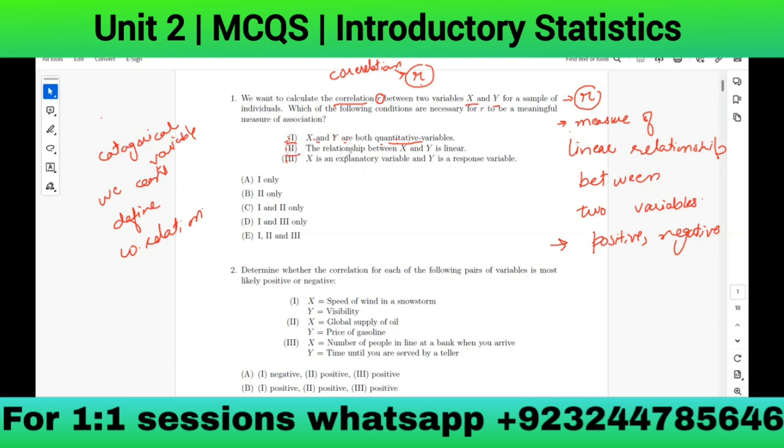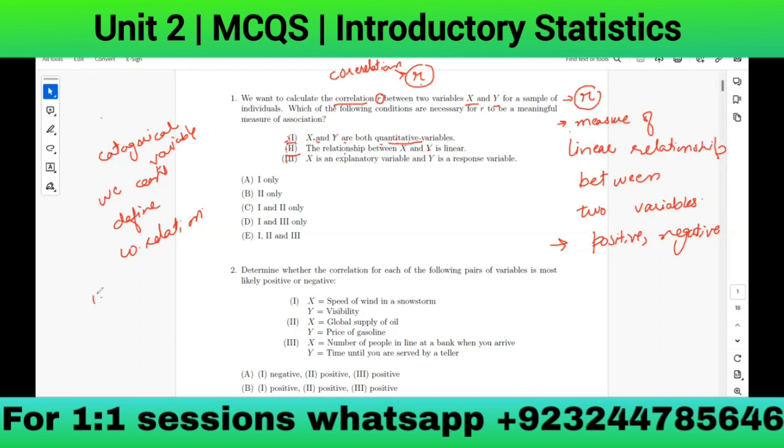The second condition is that the relationship between x and y is linear. Yes, correlation is only described for linear relationships between x and y. So if the variables are not linearly related, correlation is not a suitable measure.